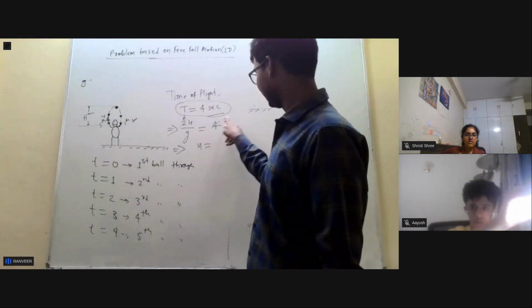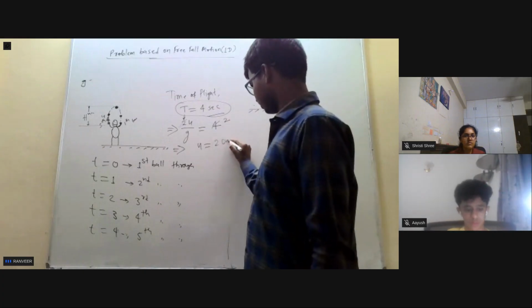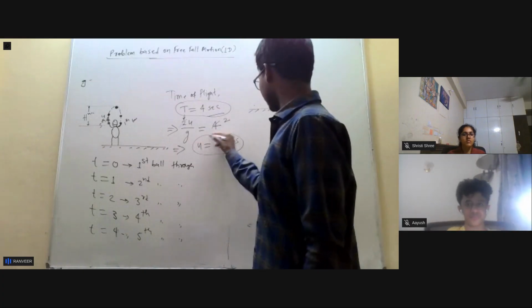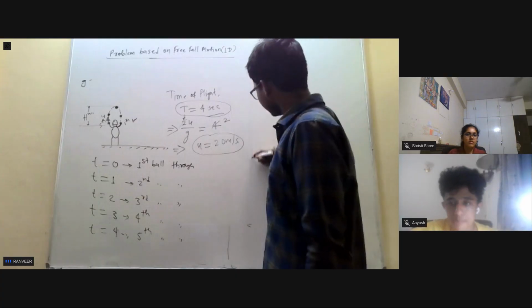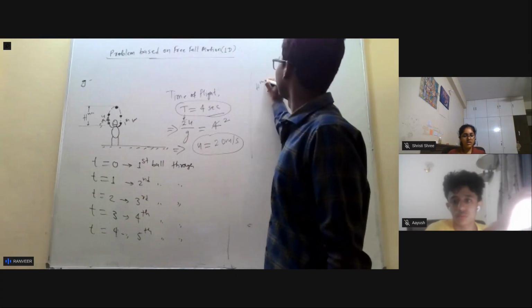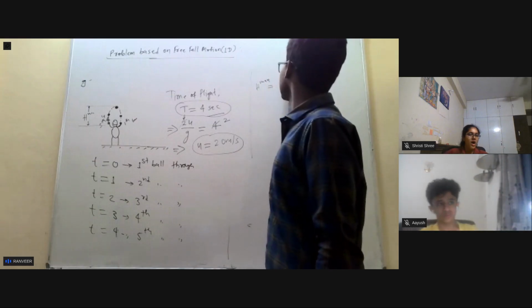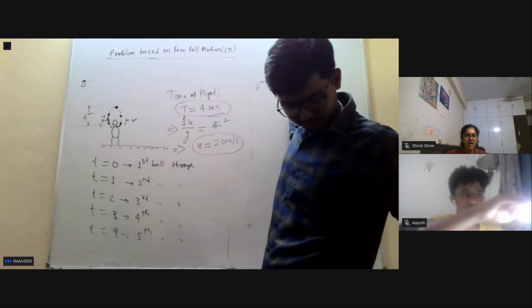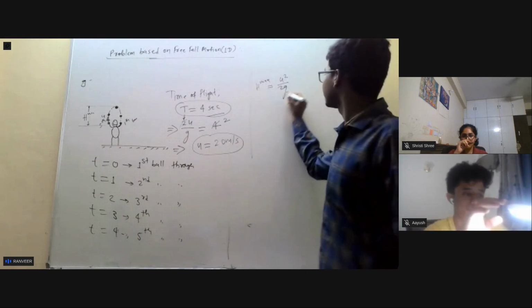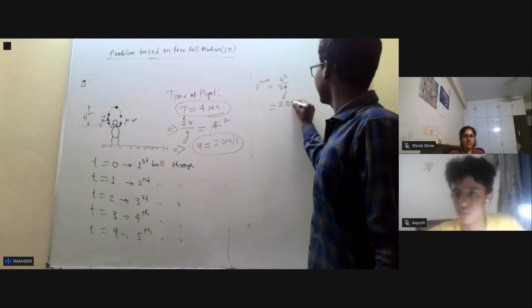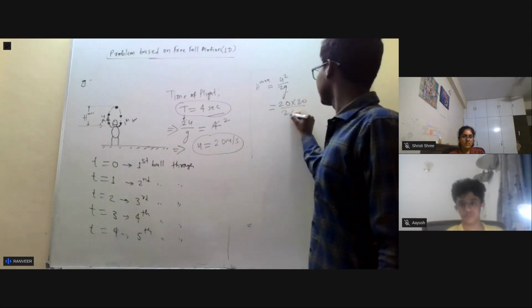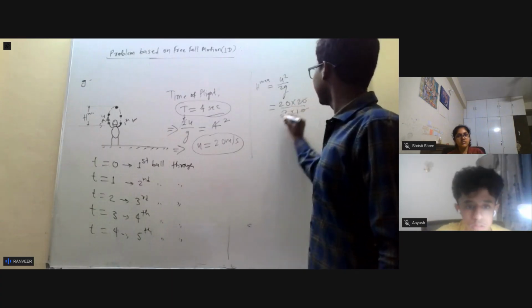So g is 10, into 2, how much? So u is 20 meters per second. What is the H max formula? U square upon 2g. So u square is 20 square upon 2g. So what is the height?